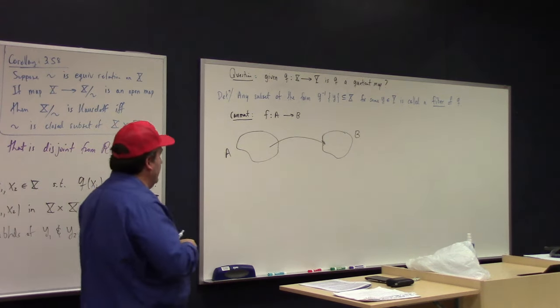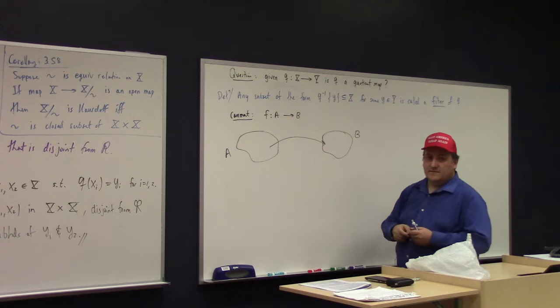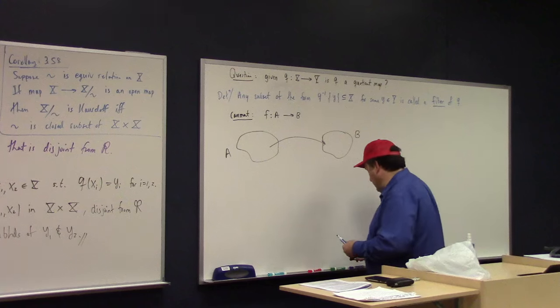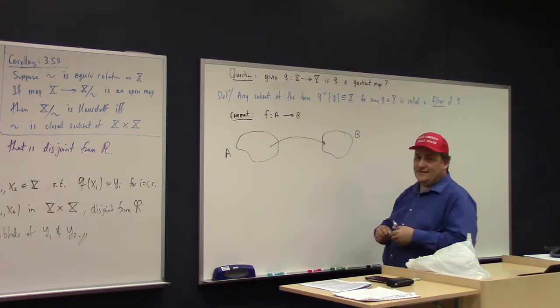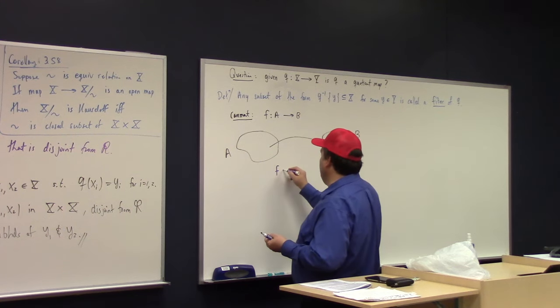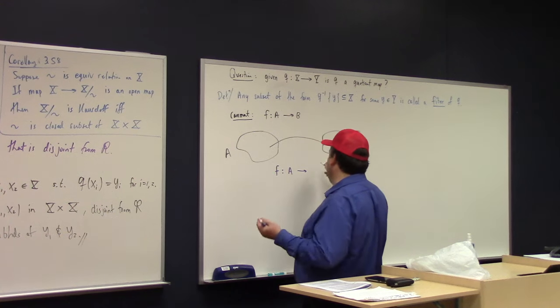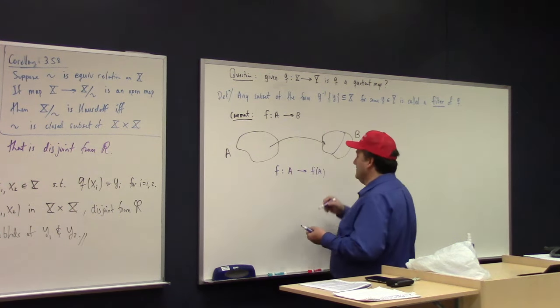Well, if I want to take this and elevate it to a bijection, there's a fairly easy thing to do in terms of how do you make it onto? Well, that's kind of stupid. You can just replace this with F going from A to, just change B out for F of A, right? So there you go. Now it's onto.